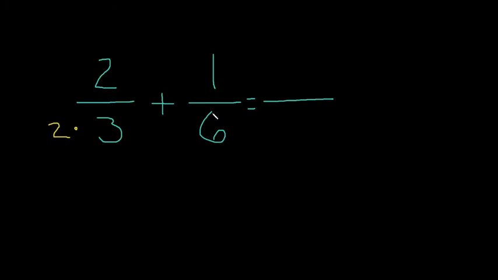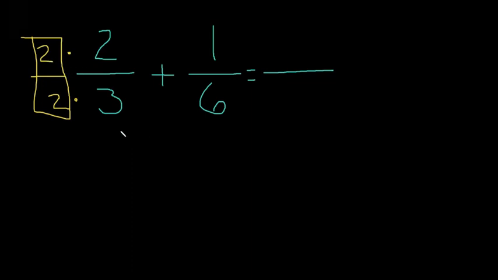Anytime you multiply a number by 1, it doesn't change the value. But in this case, we're going to multiply it by 2/2, which is a whole fraction. And this fraction equals 1. So we're multiplying this fraction by the value of 1. So we're going to change what it looks like, but we're not going to change its value.